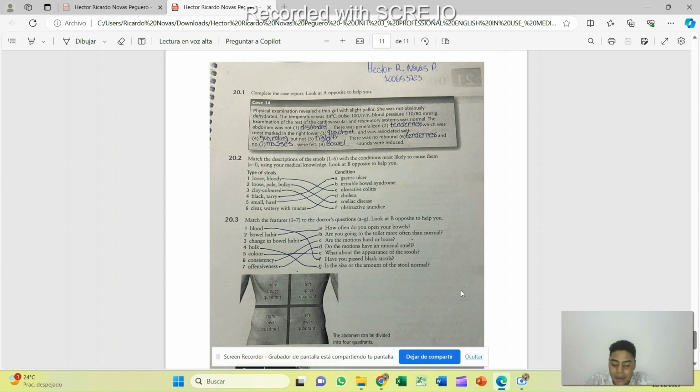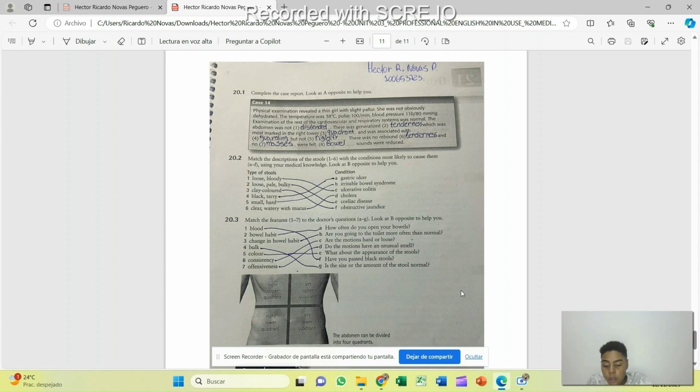There was generalized tenderness, which was most marked in the right lower quadrant, and was associated with rigidity and masses.